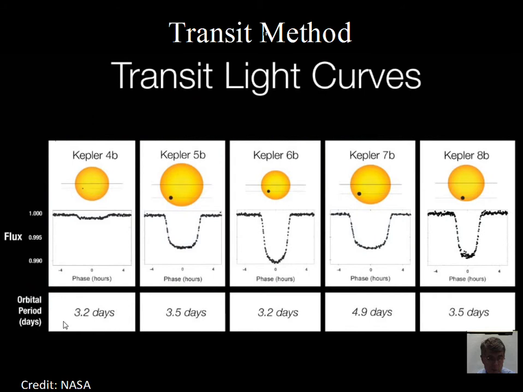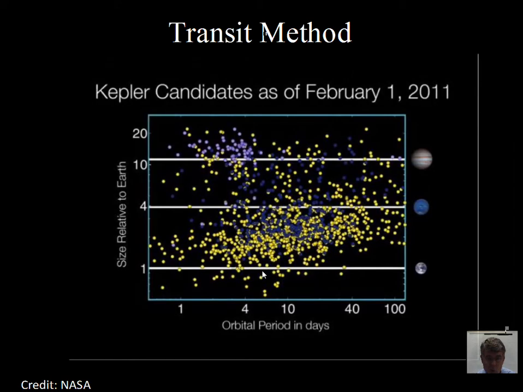So 2011, taking a look here, this is the time for the planet to move around its star, and it doesn't even go out to 365 where the Earth would be located. And then the size relative to Earth, you can see most of the detections are for objects sort of Jupiter size, Neptune size, a few Earth size and a few smaller than the Earth, but there is a preference for larger objects.